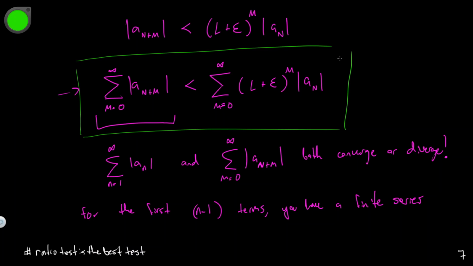Why must the left-hand side converge? It is less than this thing. If this thing converges, then by the basic comparison test, this thing must also converge. Does this thing converge? What's L plus epsilon again? L plus epsilon is greater than 0, but it's also less than 1.